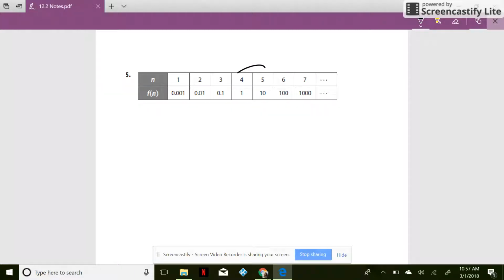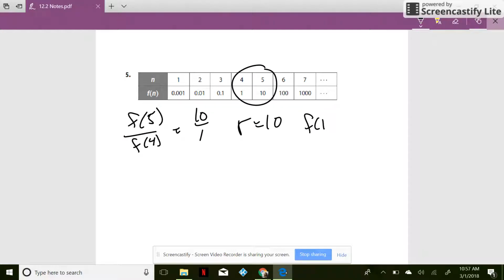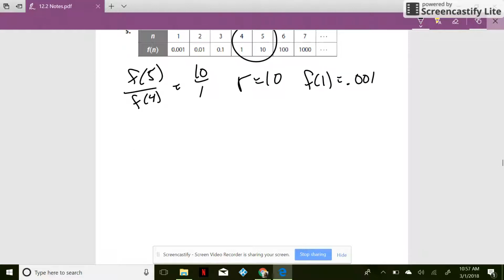So finding our common ratio, we can take f of 5 over f of 4, which is equal to 10 over 1. So that means our r value is 10. And then our original point is that f of 1 is equal to 0.001.